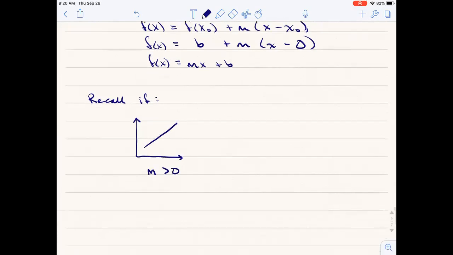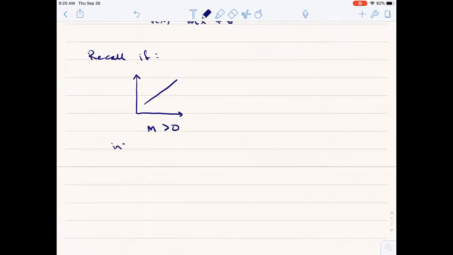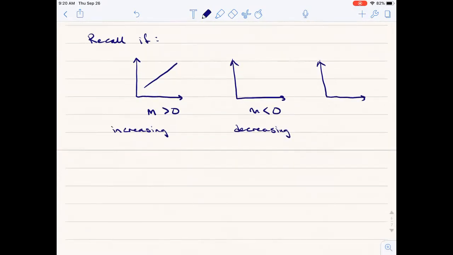It'll be increasing. We'll look at the other two instances. If m is negative, then it's decreasing, making it look like that. Or if m is 0, then we've just got this horizontal line, and then it's constant.